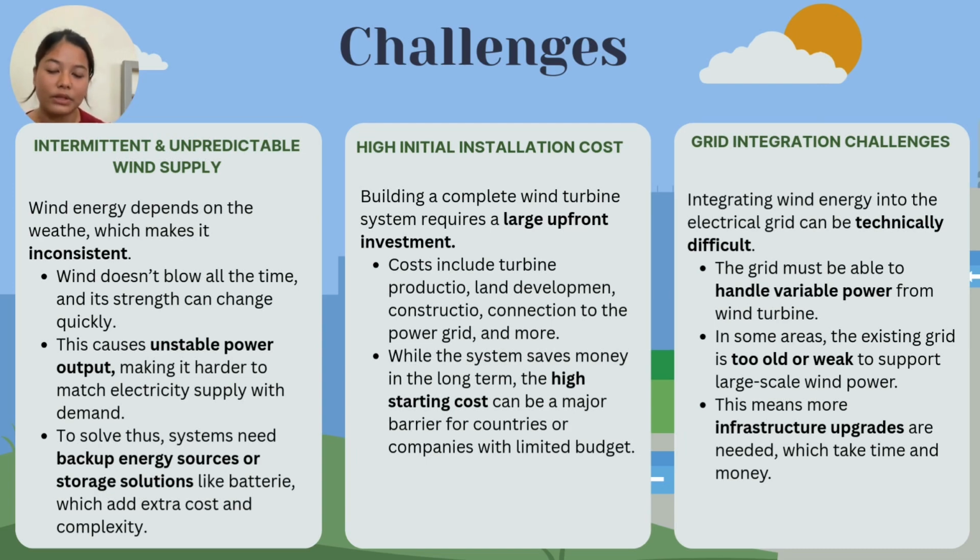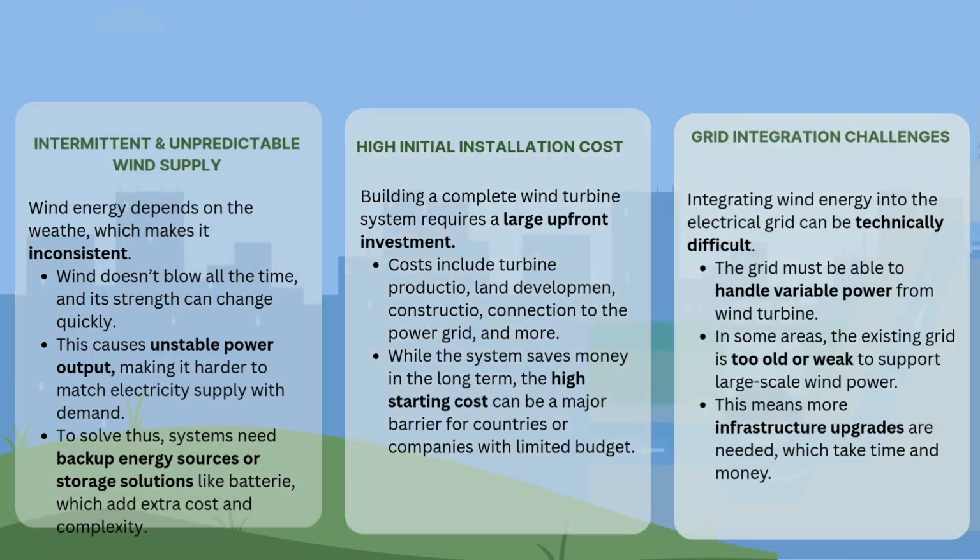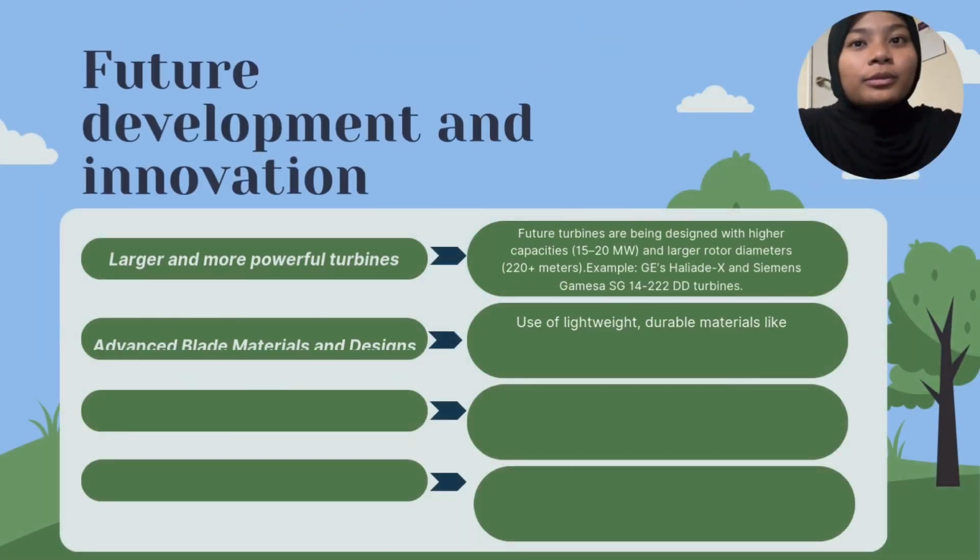This means we need to upgrade the grid, which takes time, planning, and money. In conclusion, while wind energy has many benefits, these three challenges, intermittency, cost, and grid integration, must be addressed to make wind more reliable and efficient.